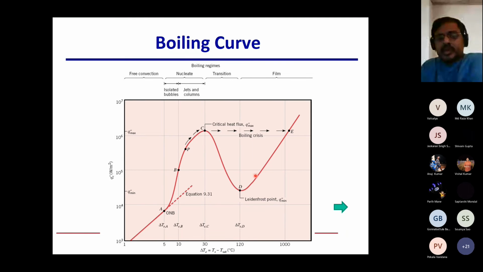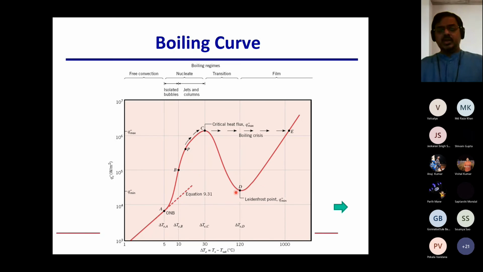And that is why in film boiling, you again start to see a rise, but you have to really go to high temperatures for this, because the heat transfer rate by radiation becomes comparable to that due to boiling.